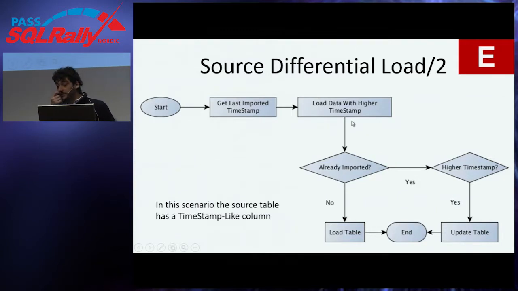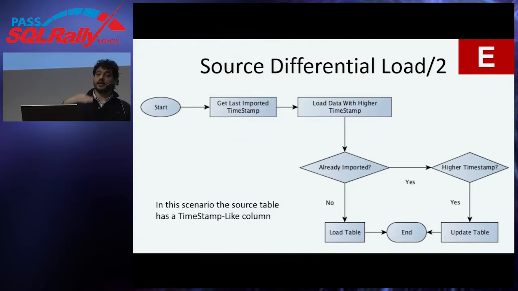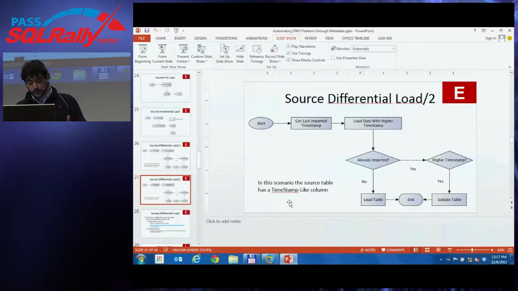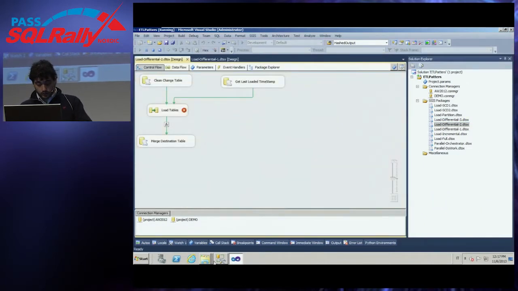Because if I have a timestamp column, I can simply get rid of the hash and use the timestamp to ask the source, can you please give me all the rows that have changed, so a timestamp or modified date value that is greater than the last time I imported everything? If yes, this will work perfectly, and I have here another demo too that you can use.